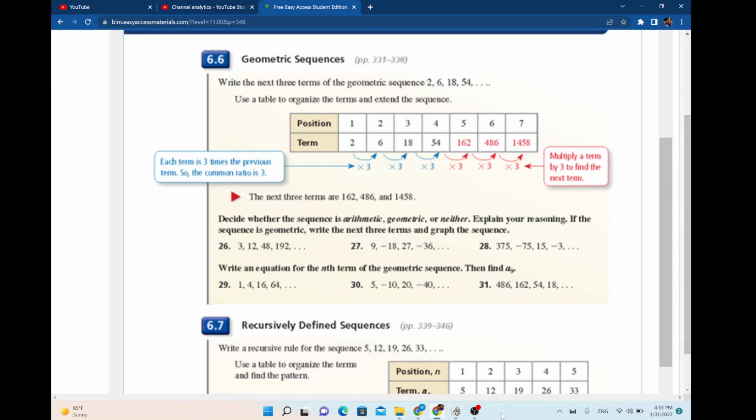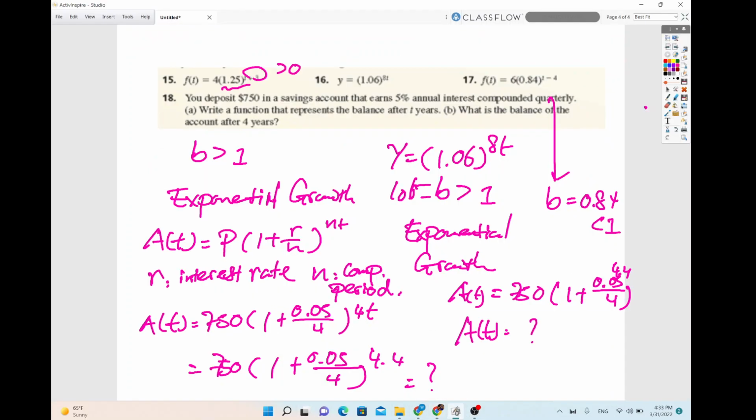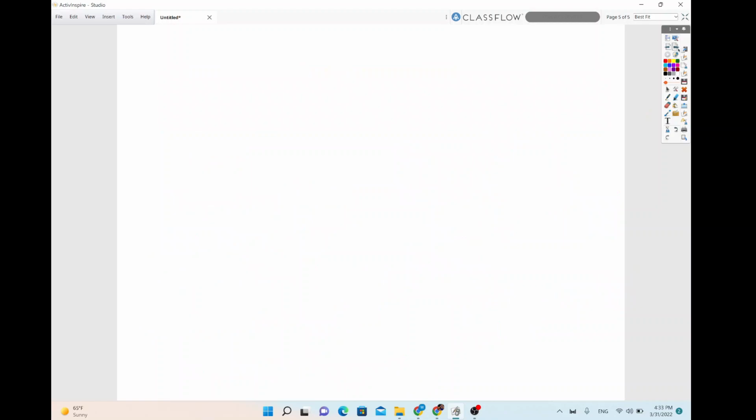So let's talk about arithmetic and geometric sequences. An arithmetic sequence means we can find the next number by either addition or subtraction. So let's say we have 2, 4, 6, 8, 10. In order to go from one number to the next number, you add 2.